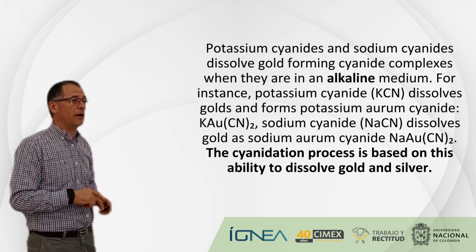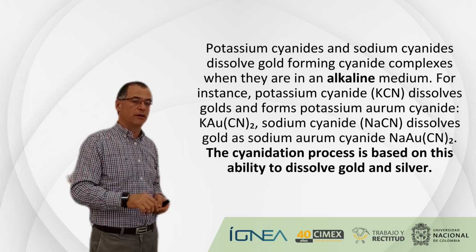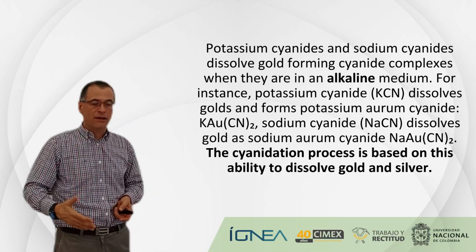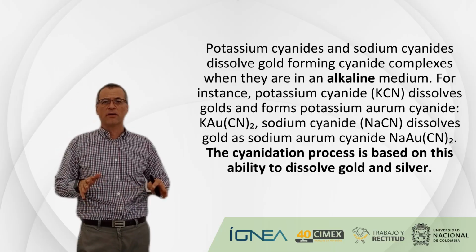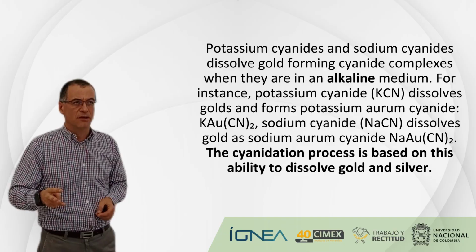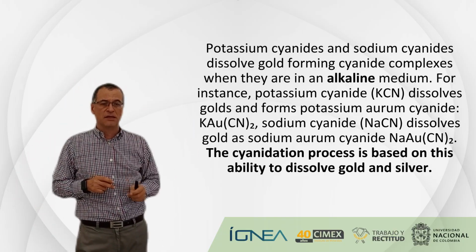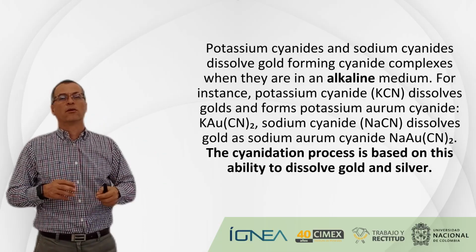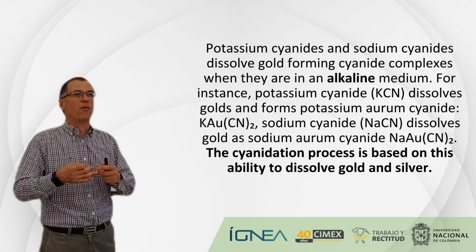Another product that could be soluble is thiourea. Thiourea is an organic molecule that could be soluble. There are other elements that could be soluble, like thiocyanate, maybe the halogen elements such as chloride, fluoride, bromide.